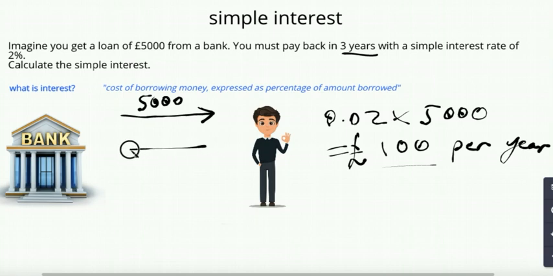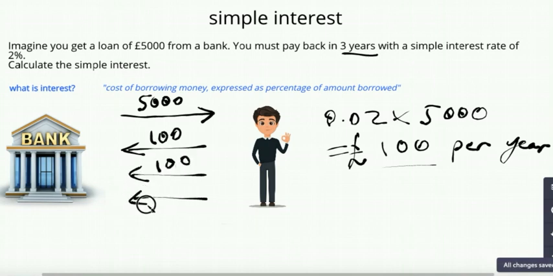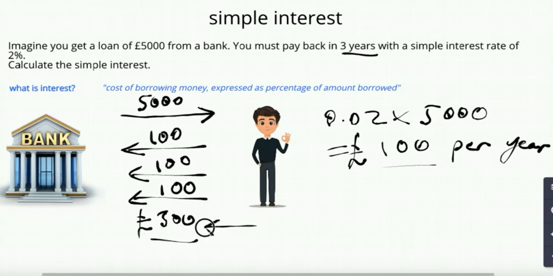So that means at the end of year 1 you would pay back £100, at the end of year 2 another 100, at the end of year 3, which is the final year, you pay another 100. So in total you would have paid £300 to the bank, and that is what is known as the simple interest.